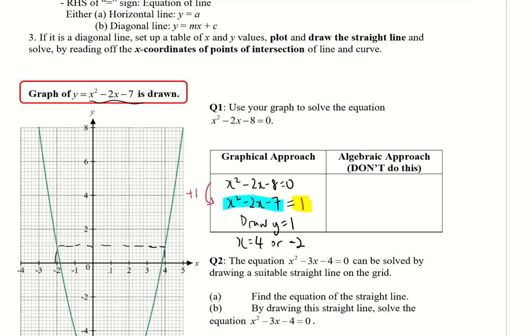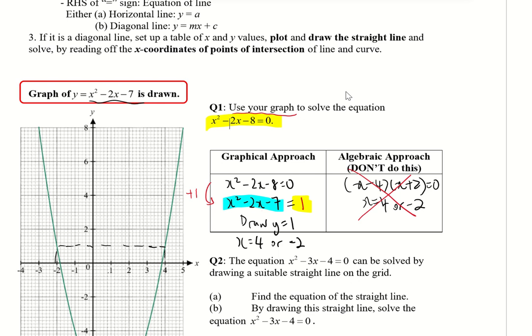If I solved algebraically, I could factorize to get x minus 4, x plus 2 equals 0, and also get x equals 4 or negative 2. But I will not want to do this because the question says use your graph to solve the equation. Using an algebraic approach does not follow the condition of the question, which is to use your graph.